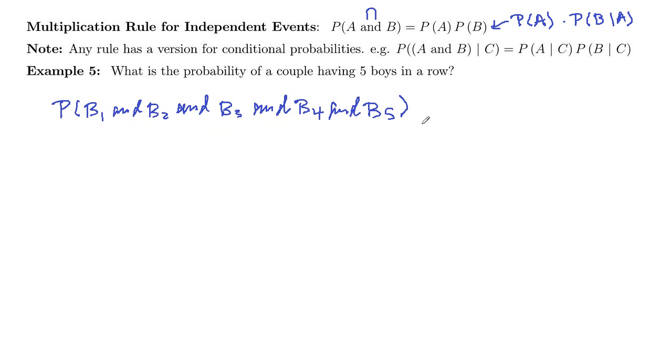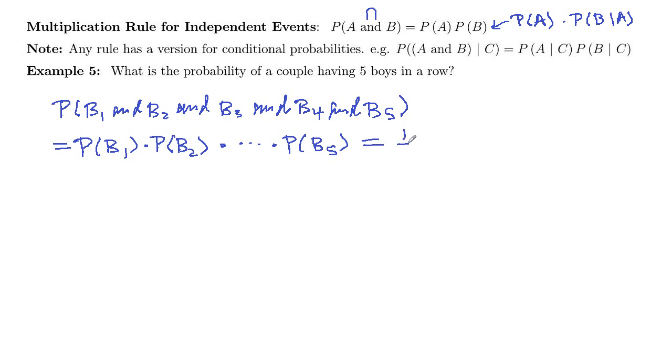And since these are all independent, we can just multiply the probabilities. So this will be the probability of a boy first times the probability of a boy second, all the way up to the probability of a boy fifth. And then each one of these is 1/2.